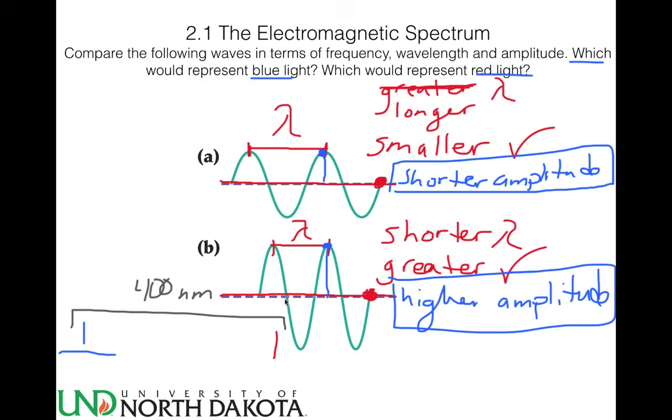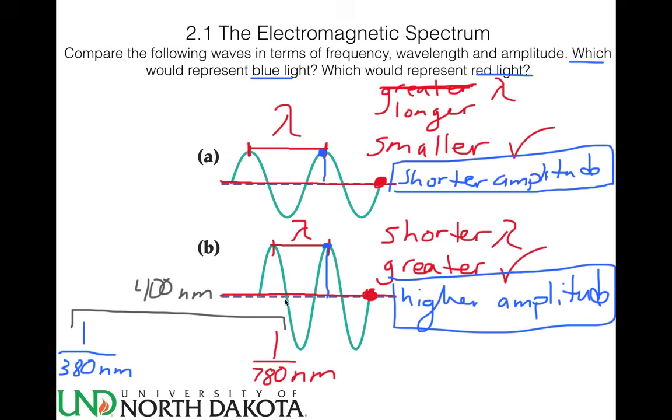Now that shorter end has a limit of 380 nanometers, so that's actually the violet light. And then the red ends at 780 nanometers. So our blue light should be at shorter wavelengths, and our red light should be at longer wavelengths.